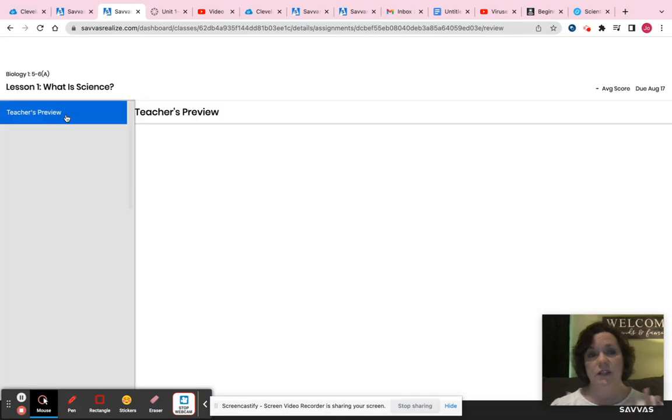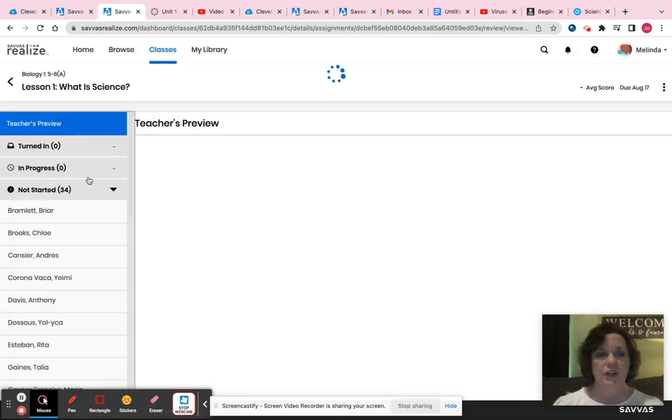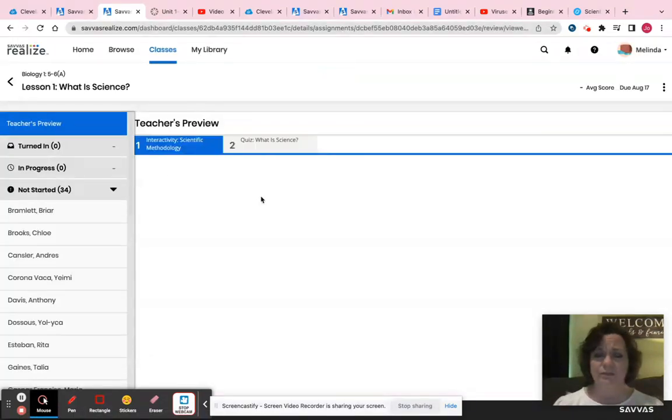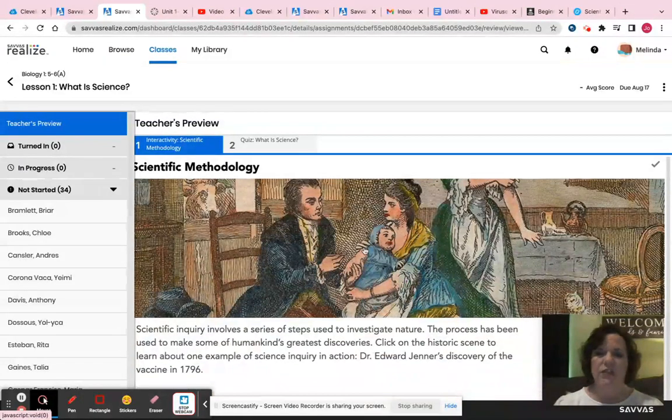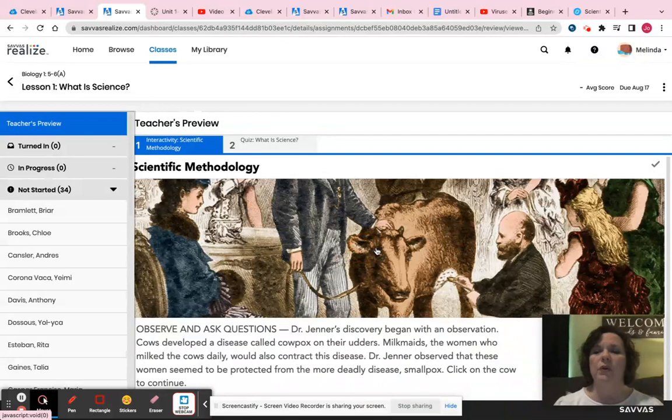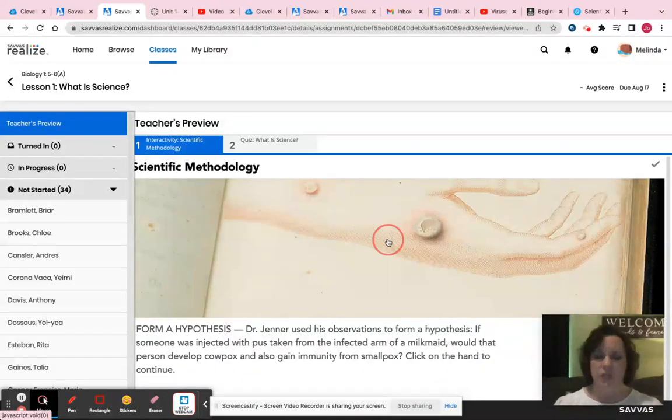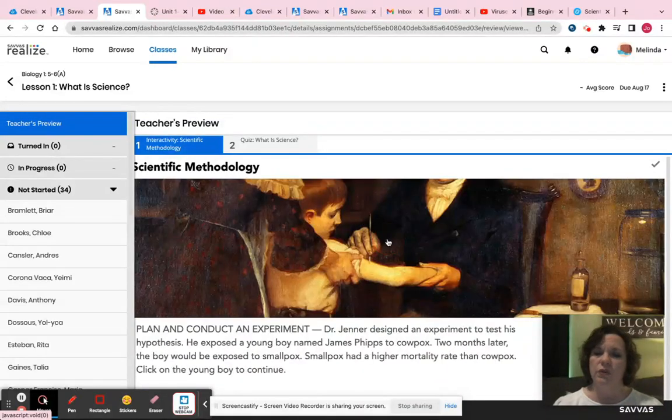But there is, sorry, this is taking forever to load. There is the interactivity there. And remember, this is talking about the advent or the creation of vaccines. So remember, on this particular one, he's using the scientific method. You have to read what he's doing, click on the scenario, click on the scenario, click on the scenario, and it'll walk you through.